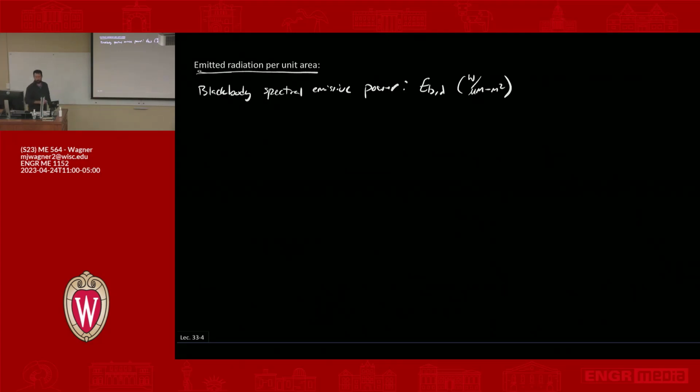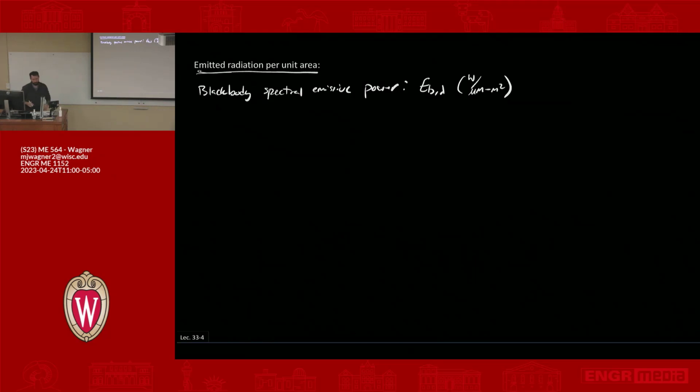The important thing to know is that we're talking about a black body, and spectral means we're looking at a specific wavelength, lambda. So our nomenclature says E_B, black body, comma, lambda, a specific wavelength. Emissive power is the E part of it. At a given wavelength, a given micrometer, you have watts per meter squared.